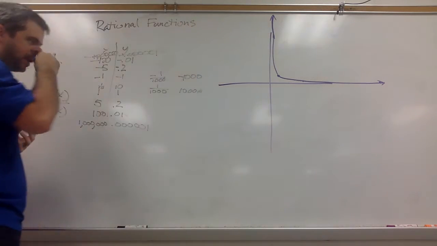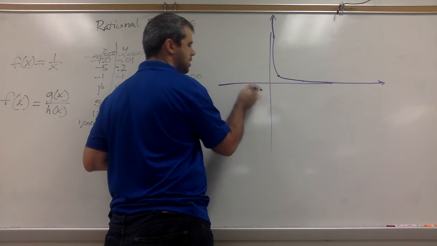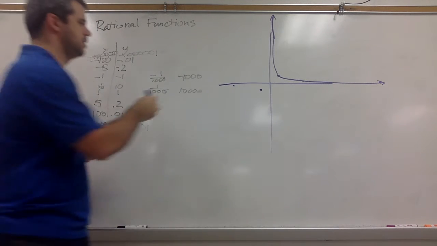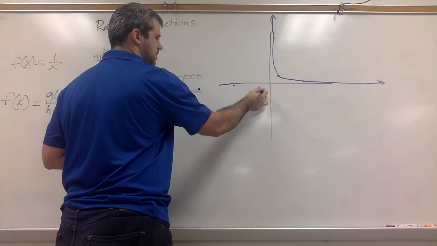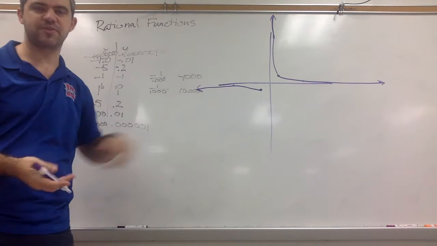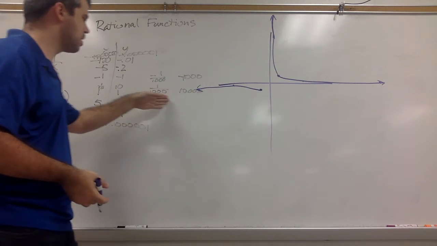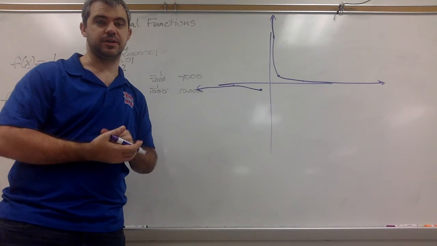On the negative end, it's happening in a similar way. -1, -1; -5, -1/5; -10, -1/10. Again, we're approaching 0, but from the other side. As x is getting more and more negative, we're getting closer and closer to 0.